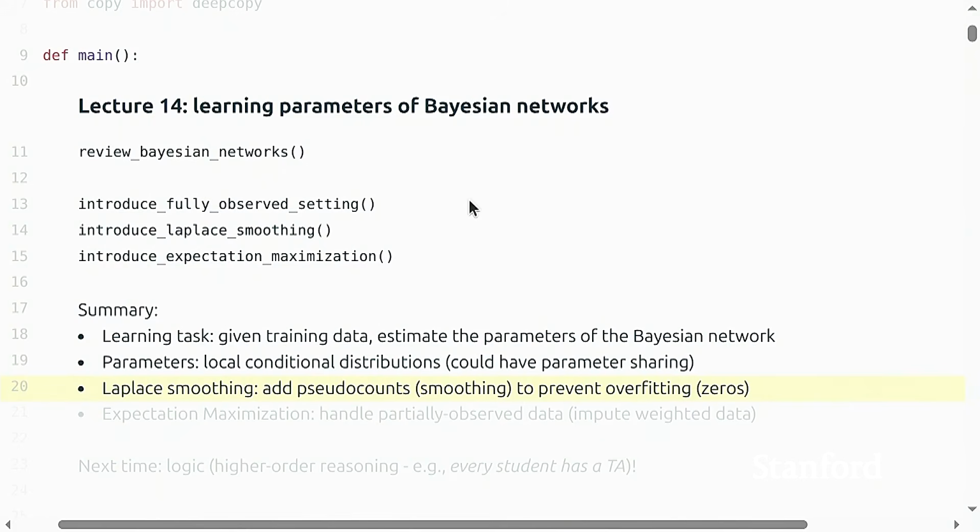And then finally, we talked about expectation maximization, which allows us to handle partially observed data. And hopefully the intuition is clear: if I don't see a variable, I'm going to try to guess what that variable is, and weight that guess by the probability of that variable given the observed variables. And I have fully labeled data that's weighted, and I do count and normalize like I do in a supervised setting, and I iterate.